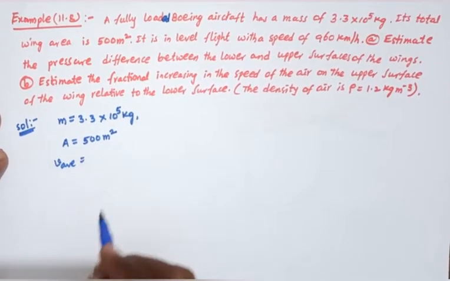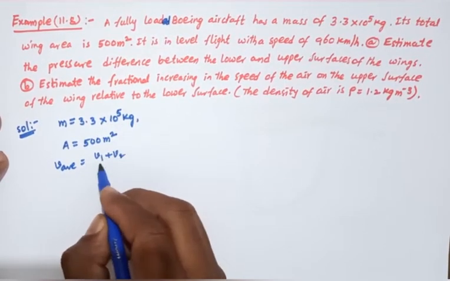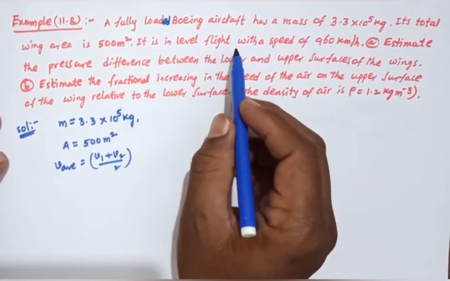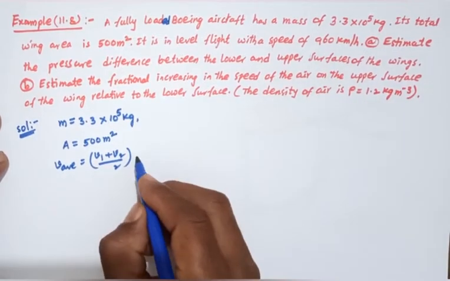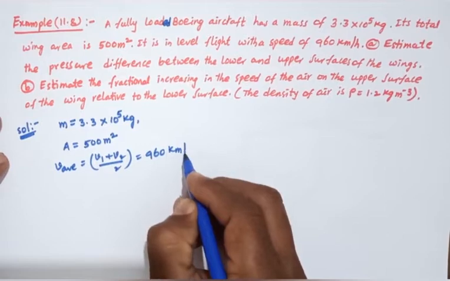The average speed V average equals V1 plus V2 by 2. Okay, it is level flight with an average speed of 960 km per hour.